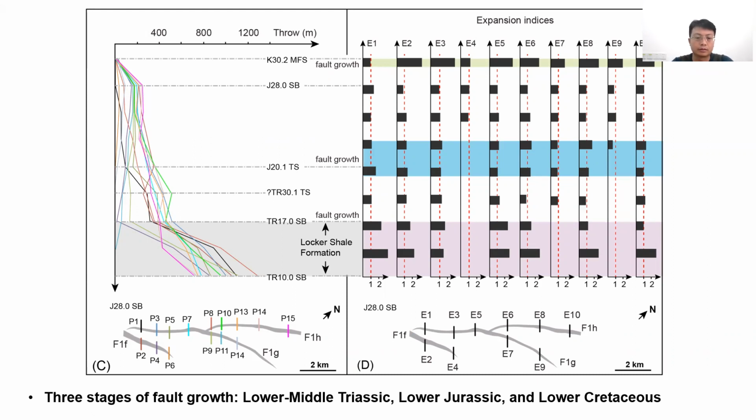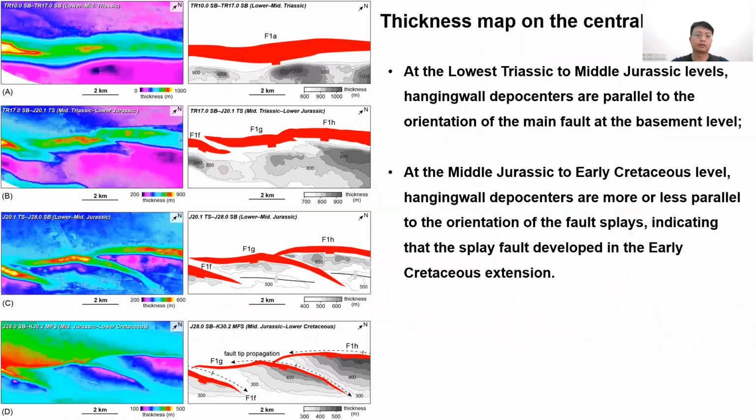The first one is lower Middle Triassic. The second one is lower Jurassic, and the third one is lower Cretaceous. Therefore, this fault has been reactivated three times, and now we use the thickness maps to show the depocenters and give indications for the fault activation.